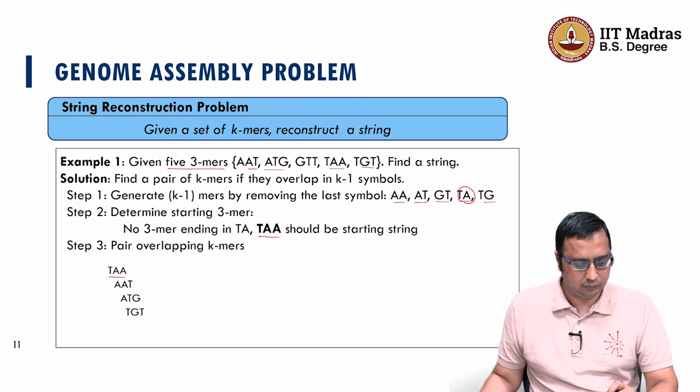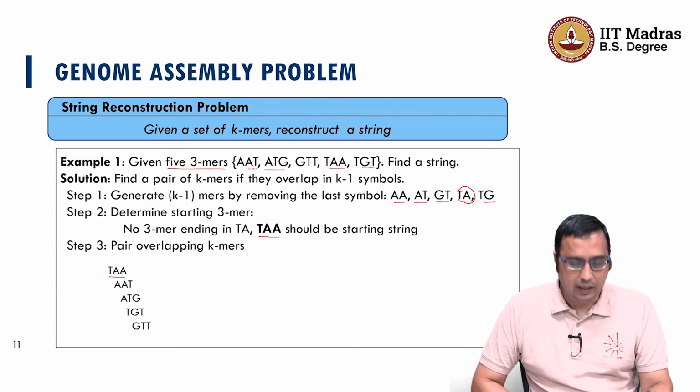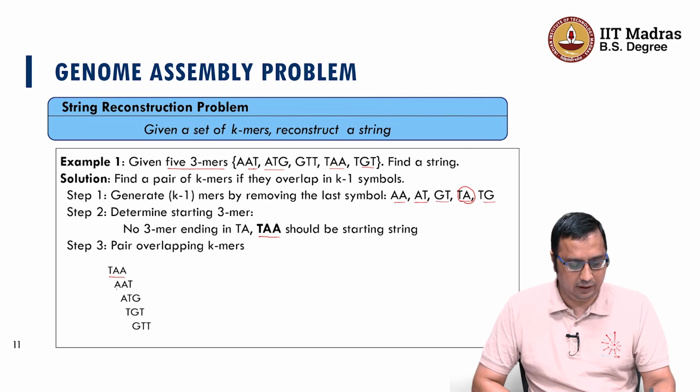So now what we have is TA, then I have used the last two elements to see whether I can find the first two elements of any three-mers in my set which start from AAT.